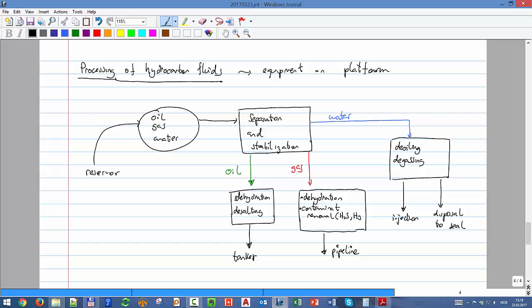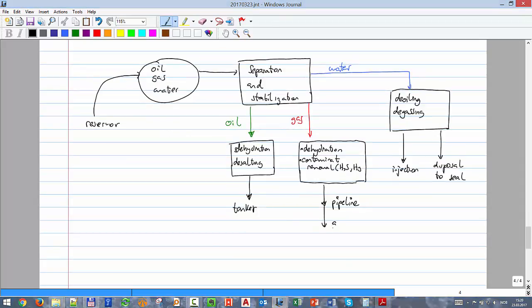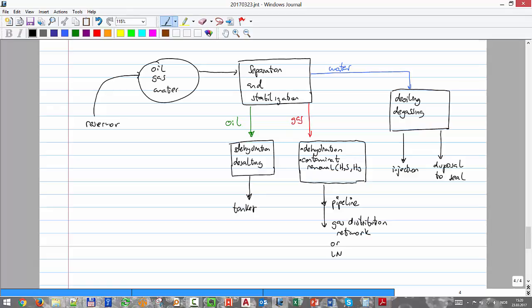The pipeline can take it either to the European distribution system, that goes via the UK, or you can go like in Snøhvit, to an LNG plant further on. But usually it goes to the gas distribution network. The only LNG case we have in Norway is the plant in Hammerfest, in Melkøya.